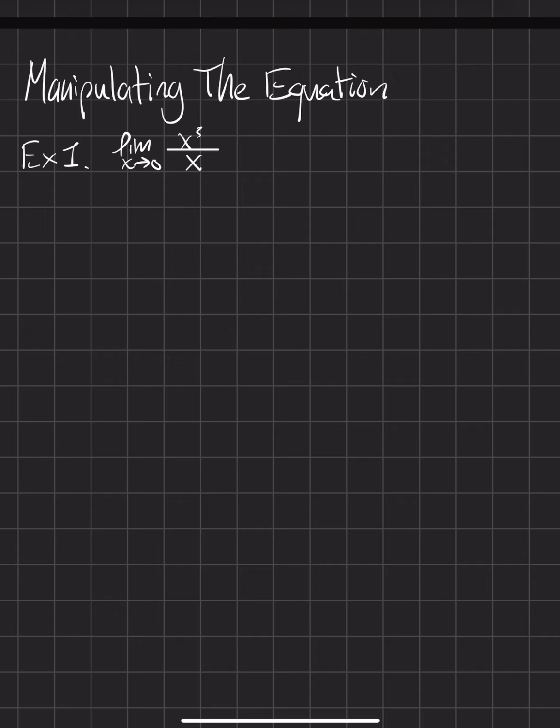So when you try to plug in 0, normally what you're going to get is 0 cubed over 0, right? And 0 over 0, well, what the heck is 0 over 0? 0 over 0 is what we call an indeterminate form here.